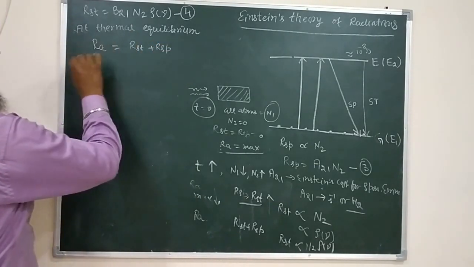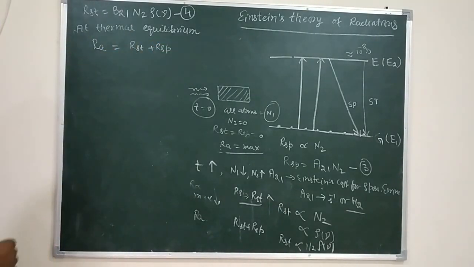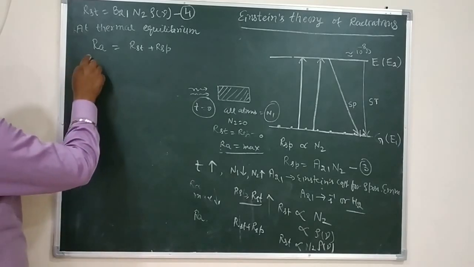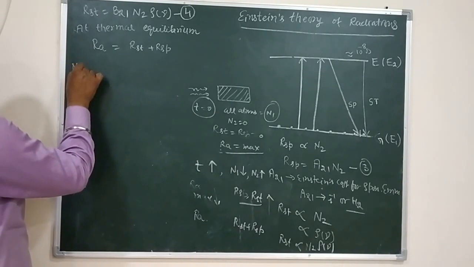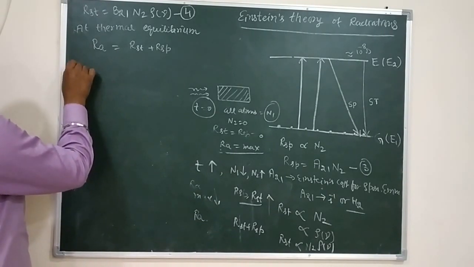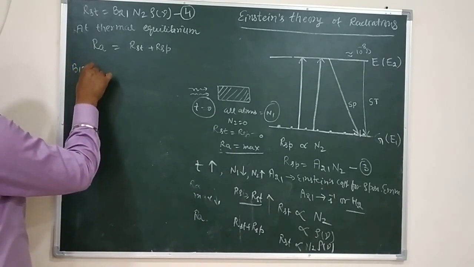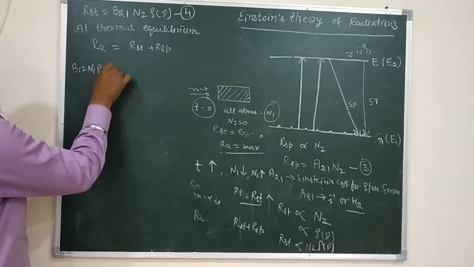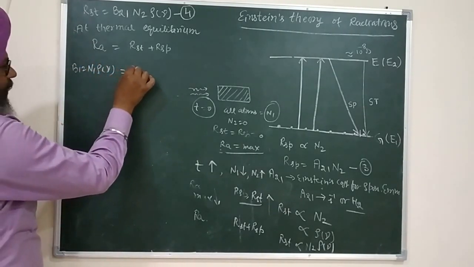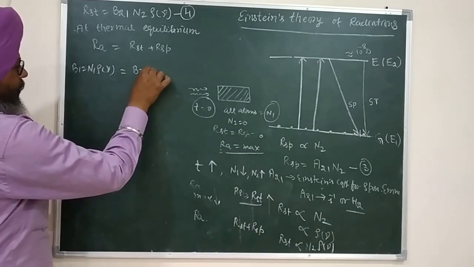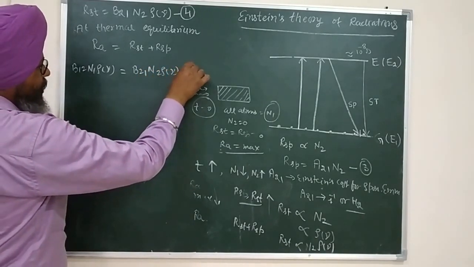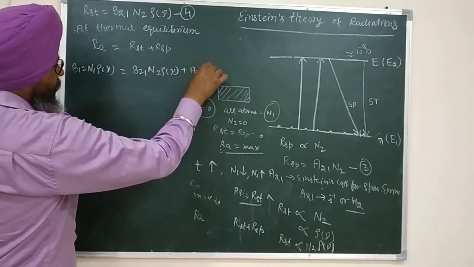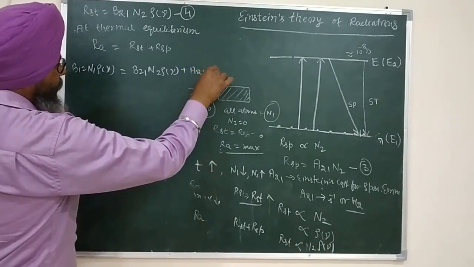Now we can put the values of RST and RSP and RA. RA, we know, was B12 N1 rho nu, RST was B21 N2 rho nu, and RSP is A21 N2.